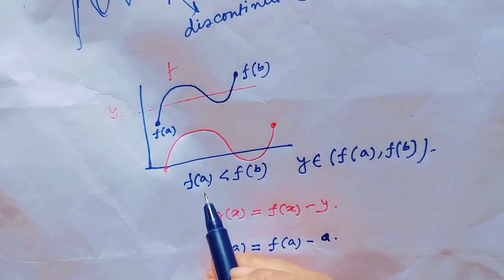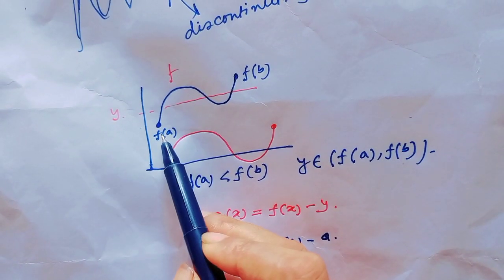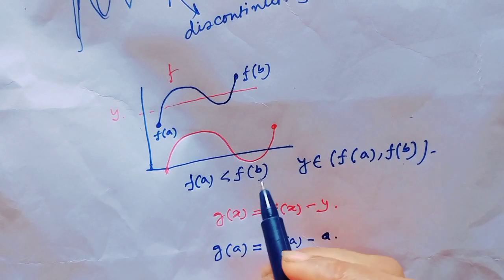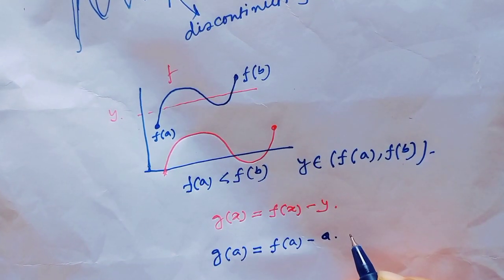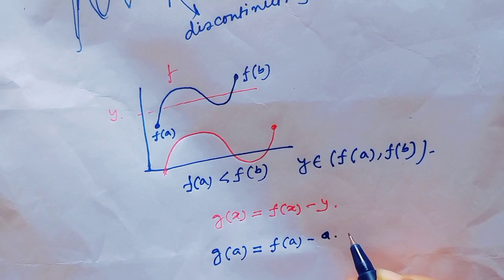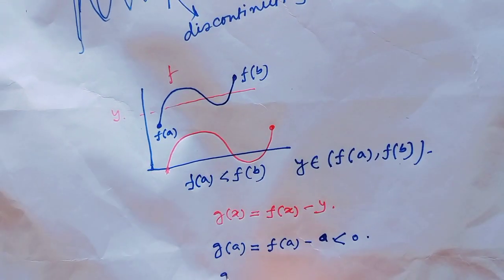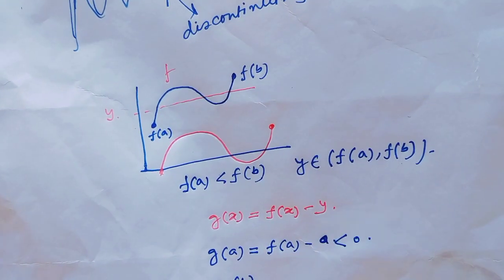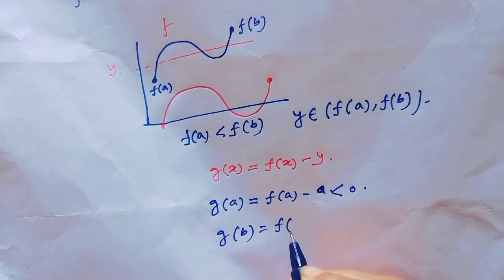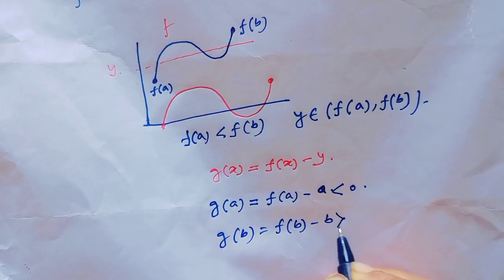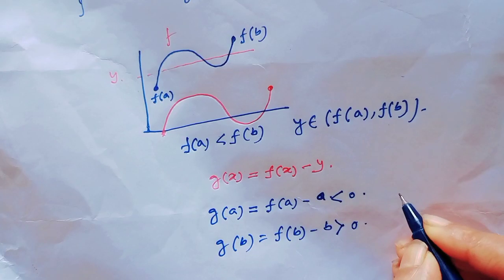and since f of a is less than y, this value is less than 0, and g of b equals f of b minus y, and this value is greater than 0.